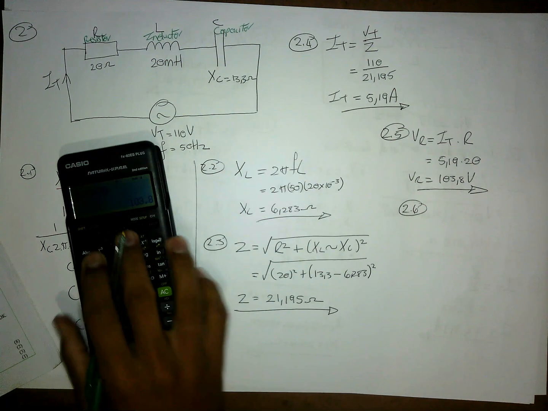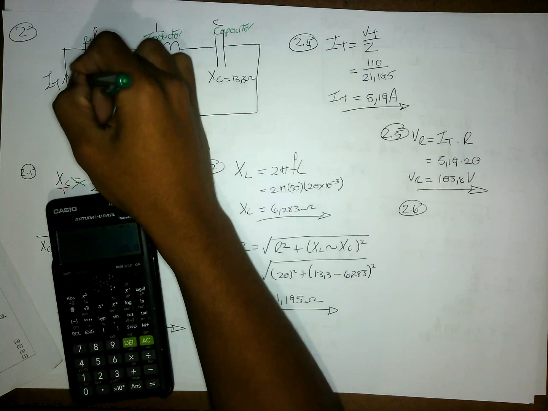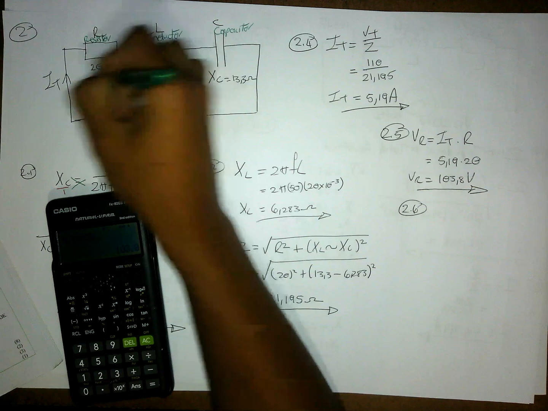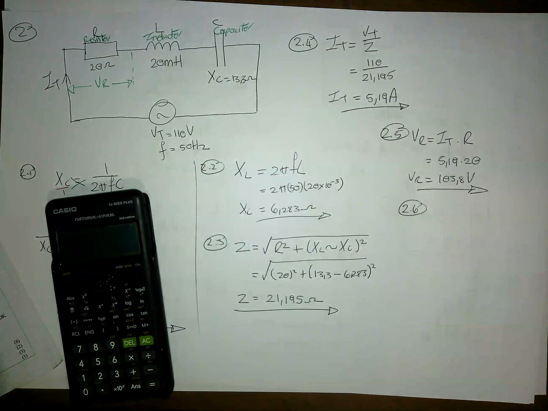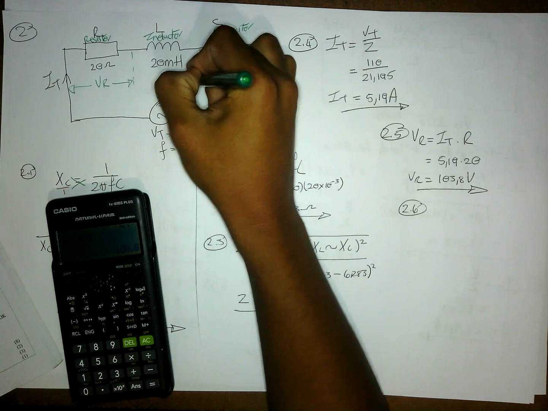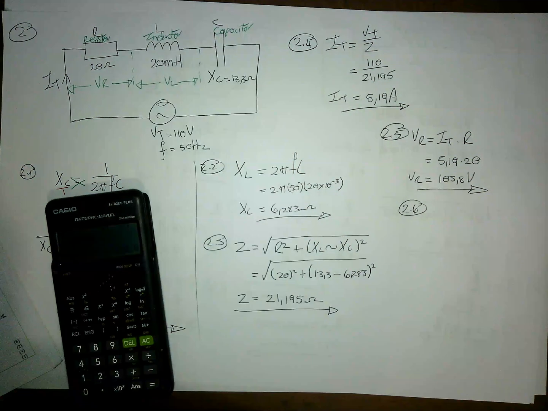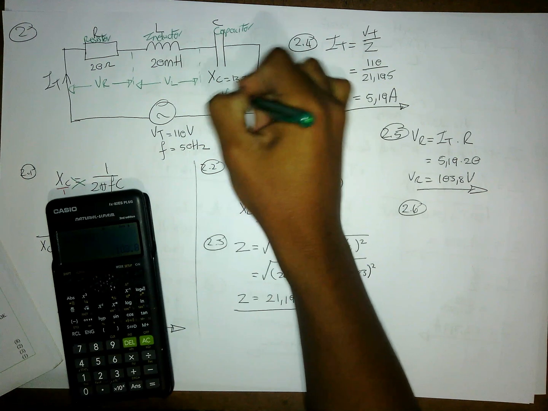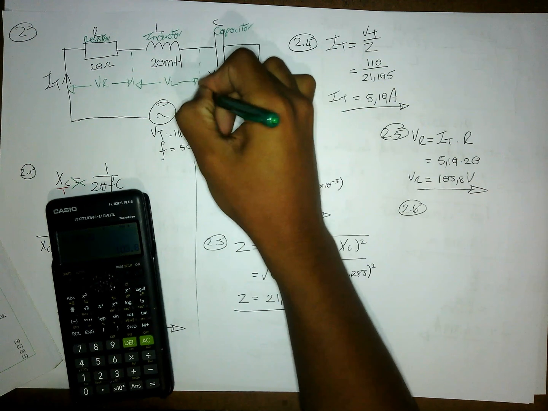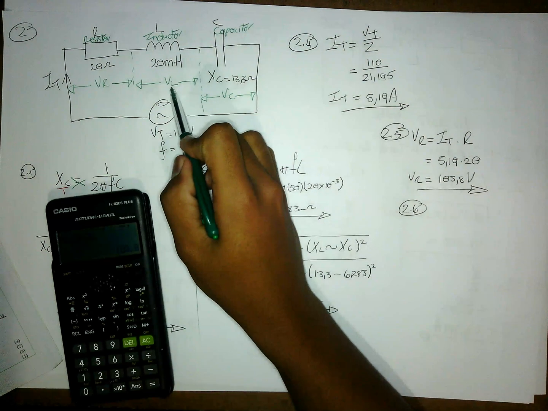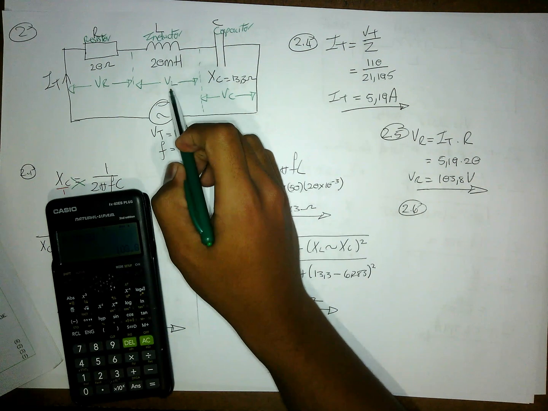So we want the voltage drop. We got this voltage drop here, so this is VR. And then this is our VL, the voltage drop across the inductor. And then this will be the voltage drop across our capacitor. We are looking for this voltage drop across here, the inductor.